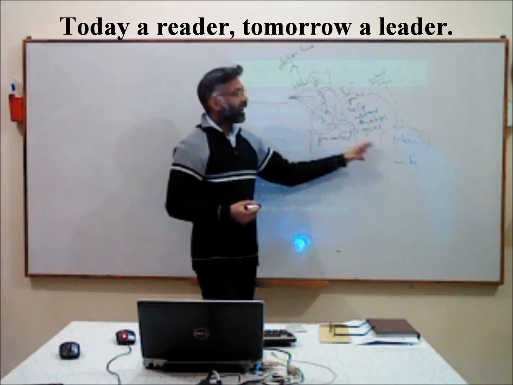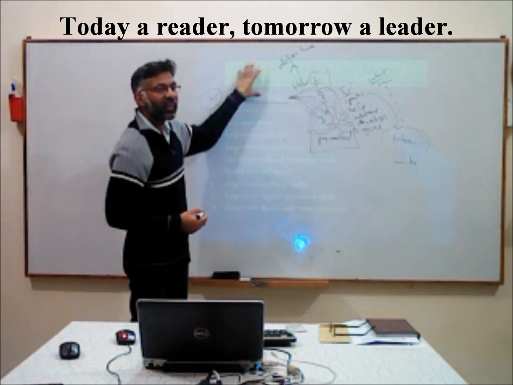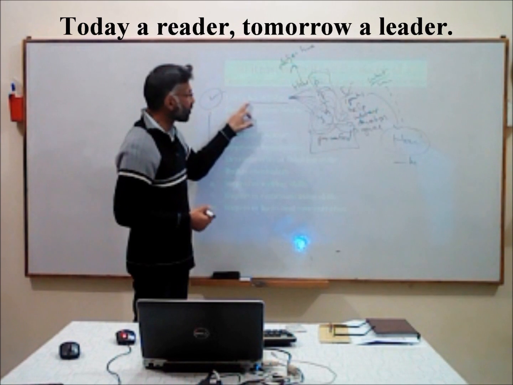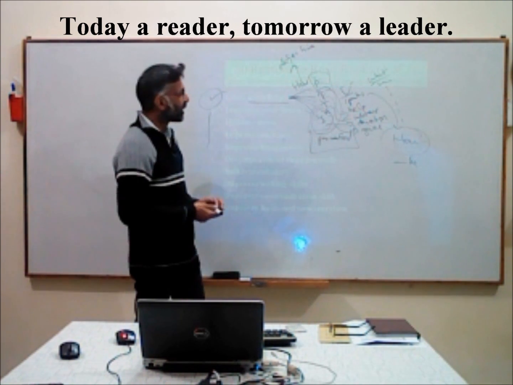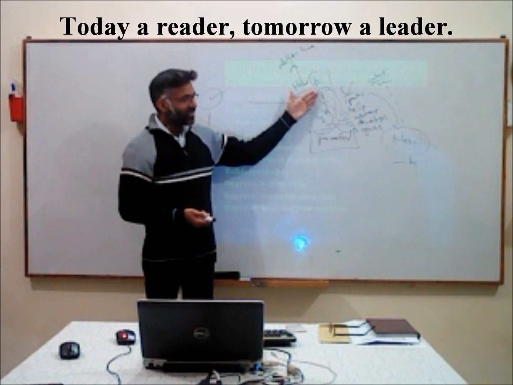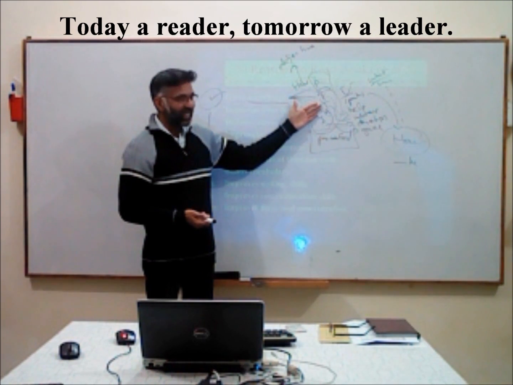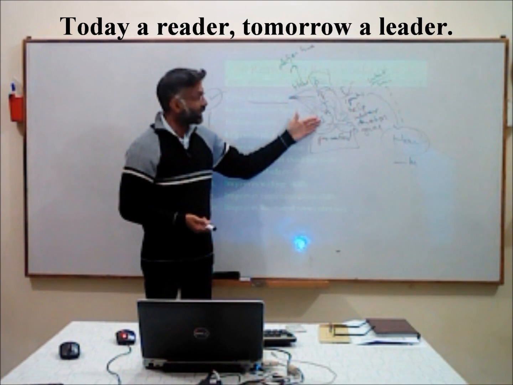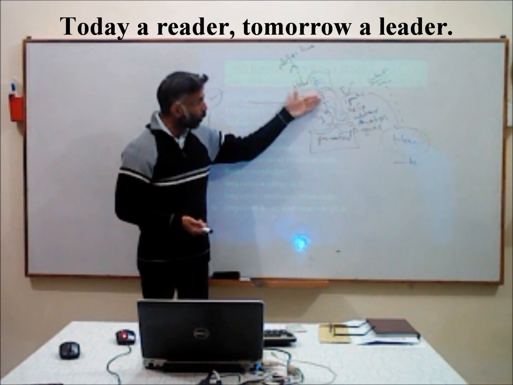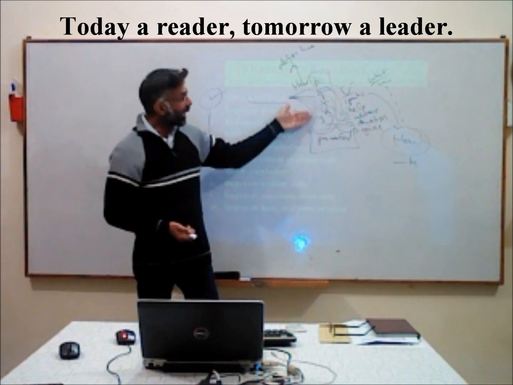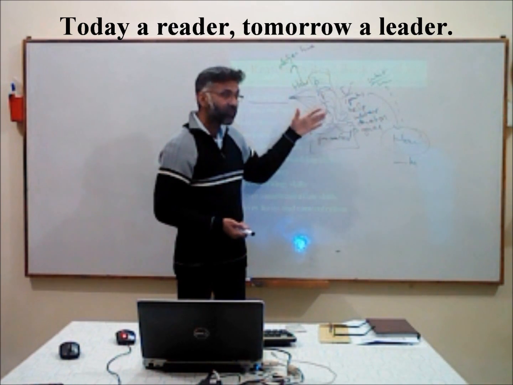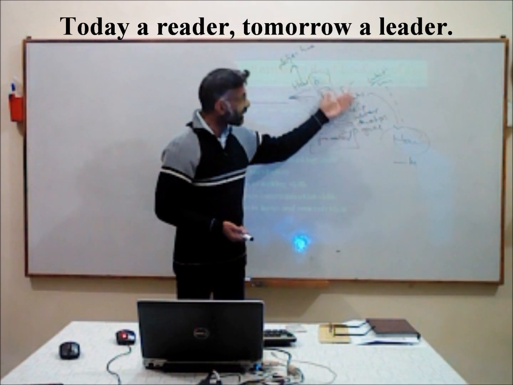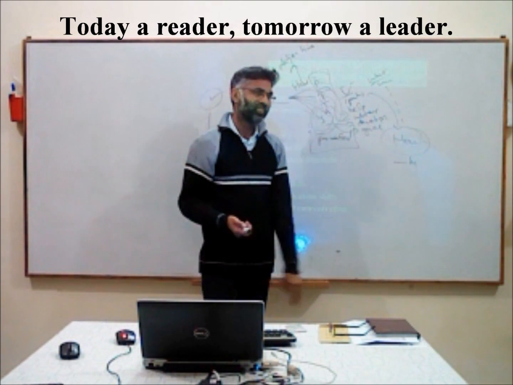Points clear? So whenever I read something, reading gives me knowledge. It means I come to know about persons, places, things, activities and ideas. And I also come to know how all these five are, what these five do, and whatever they do, how they do it.